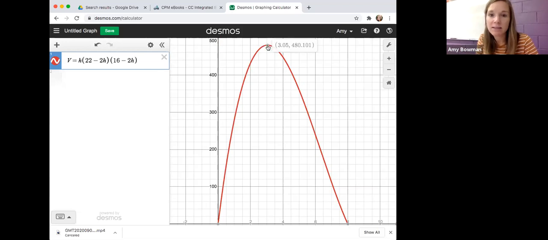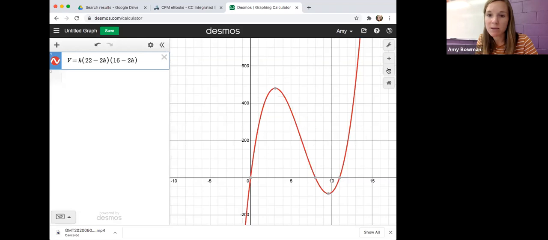And we can find this highest value here. This maximum point says that we would get the absolute highest volume of 480.101 if we had a height of 3.05 centimeters. It's worth backing up here because this function is not a parabola. This would be a cubic function because I have h there, and h there. The total degree of h would be h cubed.